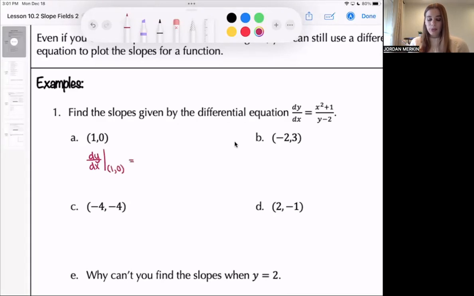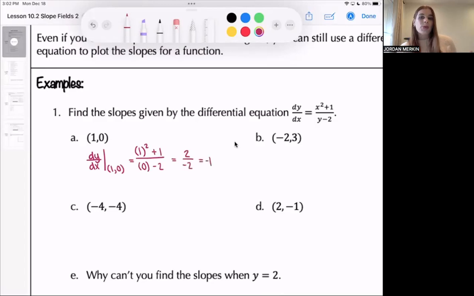That equals, plugging in 1 for x, 1 squared plus 1, divided by y, which is 0, minus 2. So 1 squared is 1, plus 1 is 2, divided by 0 minus 2, which is negative 2, we get negative 1.